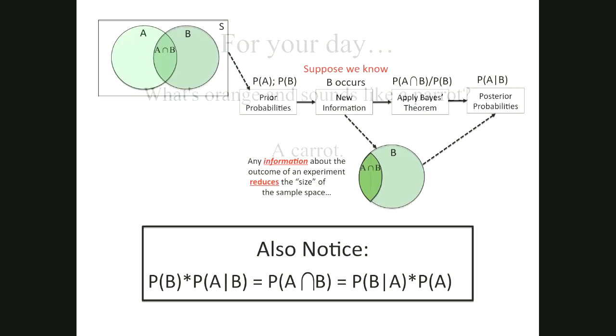So you'll remember in lesson 1 or 2, we talked about Bayes' rule, that we started out with some information and prior probabilities about our sample space, about events A and B, and the intersection of events A and B. So we have prior probabilities, and then we get information about this random experiment: for this example, that B occurs.